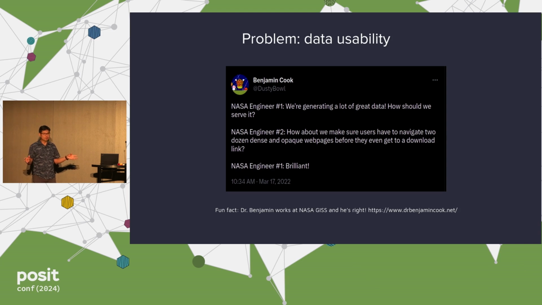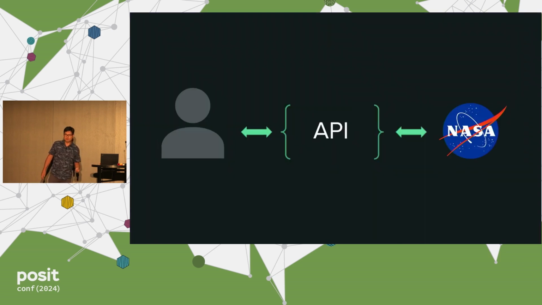But that gets complicated. So of course, NASA being NASA, they said there must be an easier, more efficient way of distributing this information. Of course, let's create an API. So say that you're looking for some data about the ocean or some data about aerosol in the atmosphere.